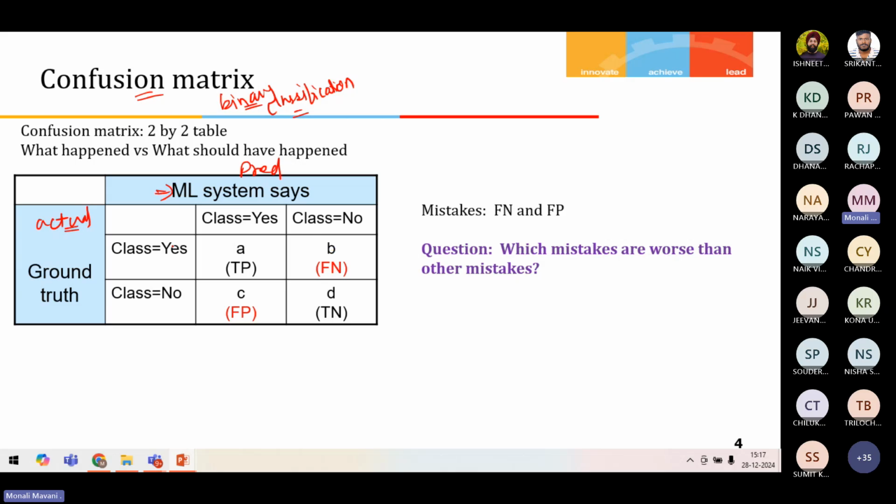So how do you read this table? When the actual class is yes, and your ML model is also predicting yes, then we call it a true positive. TP is a true positive. If the actual class is yes, but the ML model is predicting no, then it's a false negative.